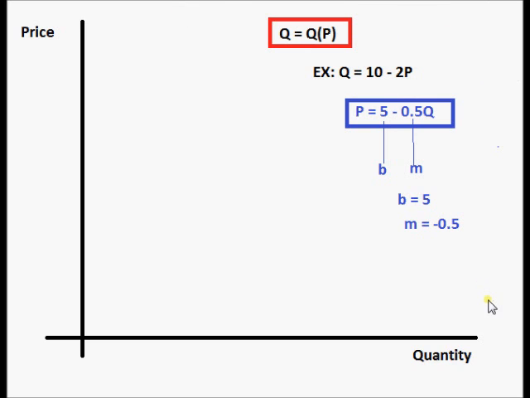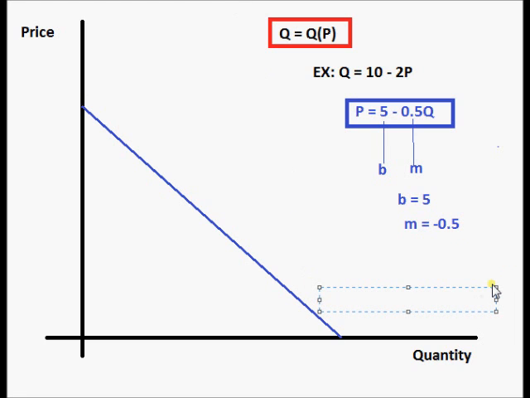If we want to go to the graph and plot this inverse demand curve, which is also the demand relationship we're really interested in graphing, we can find a y-intercept, a price intercept of 5, and draw the line so that it has a slope of negative 1/2. That's going to look something like this. Let's make that a little thicker so that you can see it, and we will label this as our demand curve.